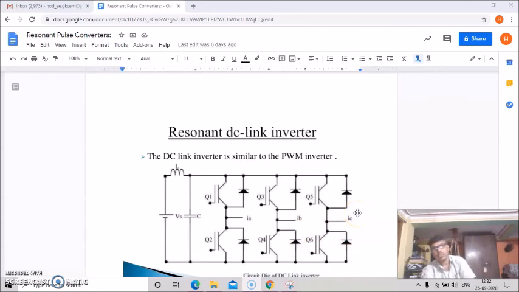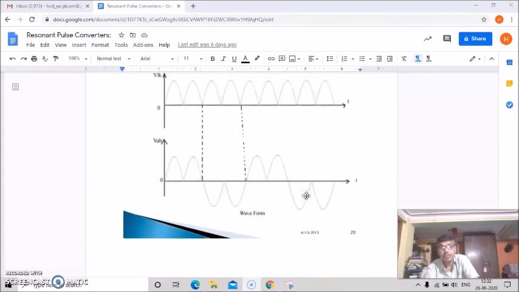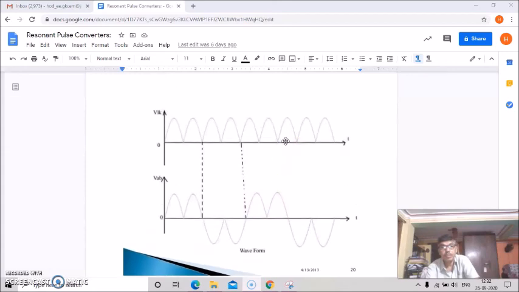The DC link inverter is similar to the PWM inverters, and this is the circuit diagram of the DC link inverter, and this is the output. This is the waveform of the link as well as the output.